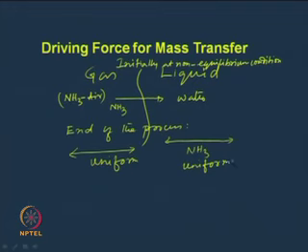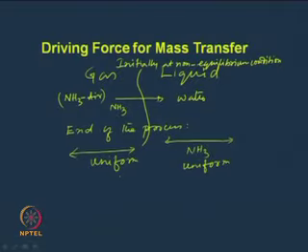In each phase they are uniform in concentration, but the value varies from gas phase to the liquid phase, but the equilibrium is reached and the system reaches steady state.